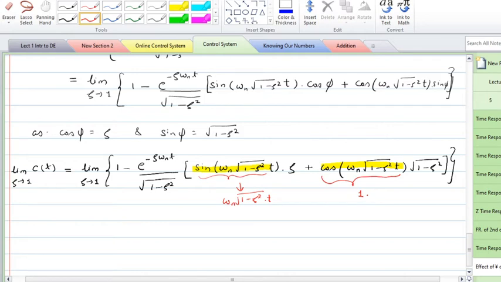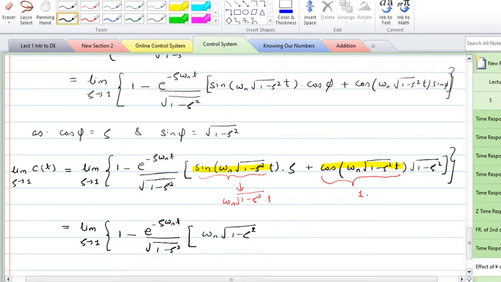So the function will be converted into limit zeta tends to 1 of 1 minus e raised to power minus zeta omega n t divided by under root 1 minus zeta square, times omega n under root 1 minus zeta square into t into zeta plus under root of 1 minus zeta square.